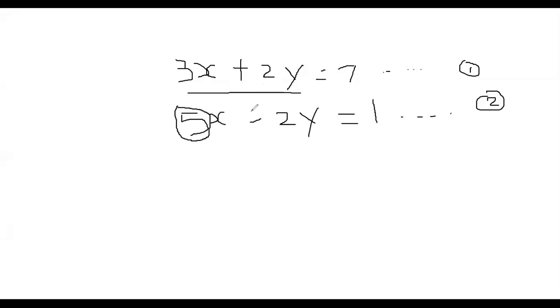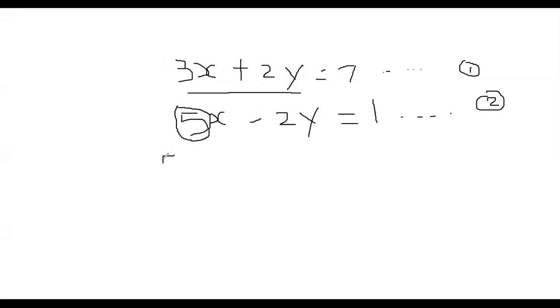The reason for doing that is because we notice the two x terms, 3x and 5x, are not the same. We've got to make them the same. So we take the 5 and multiply it through equation 1.